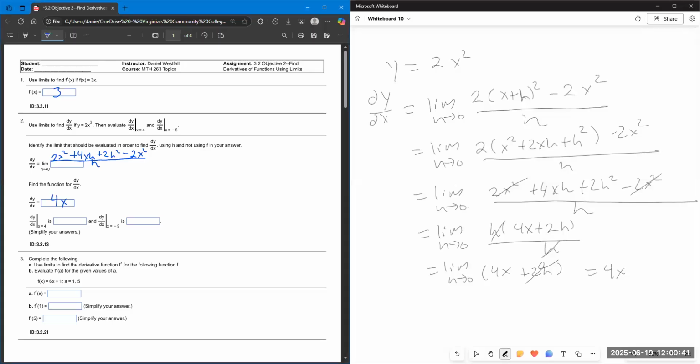I can go ahead and evaluate dy dx when x is 4: 4 times 4 is 16. And dy dx when x is -5 is 4 times -5, which is -20.